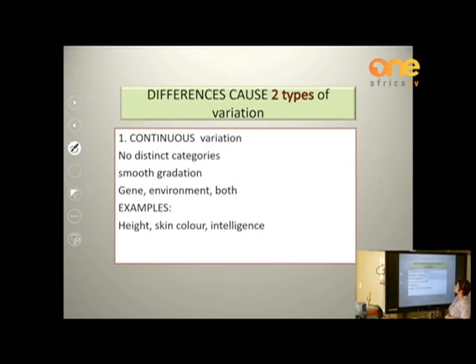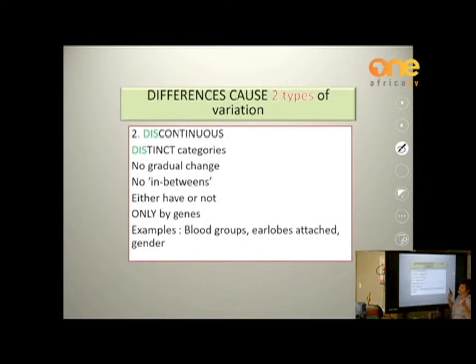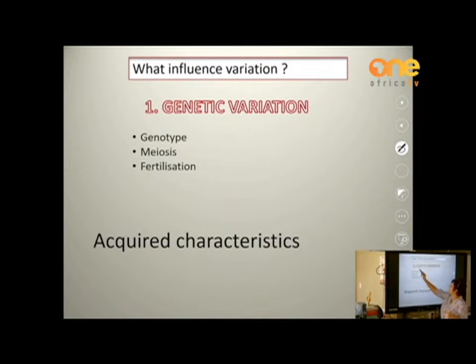Of course, the difference between the two types of variation: continuous variation, we said, is caused by the genes and/or the environment, right? Discontinuous variation is caused by only the genes. So, what influences variation? Our variation is influenced by our genes, but it is also influenced by our environment.